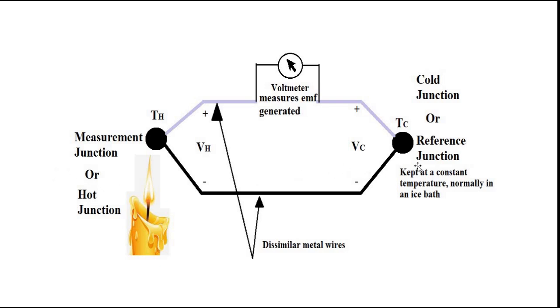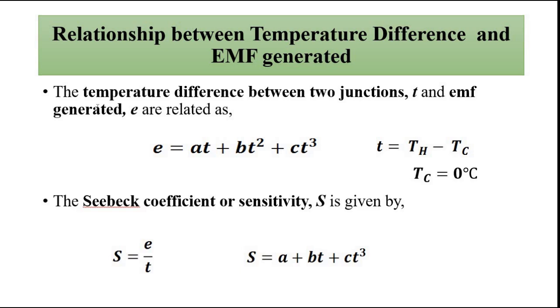Because 0 degrees Celsius is the reference, the temperature difference corresponds to the voltage difference. Let's say the temperature difference between the two junctions is small t, where small t is the hot junction temperature minus the cold junction temperature, or the measurement junction temperature minus the reference junction temperature.